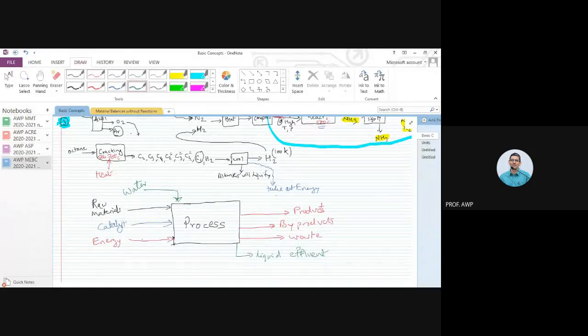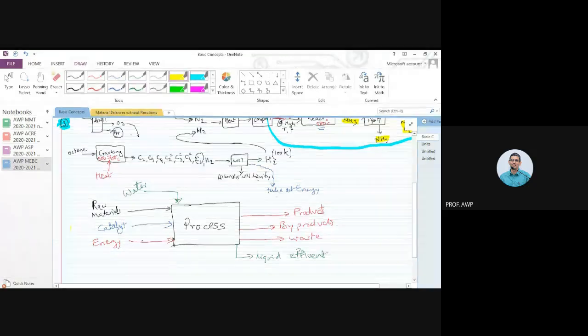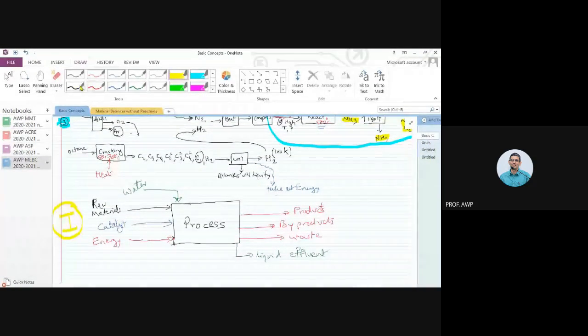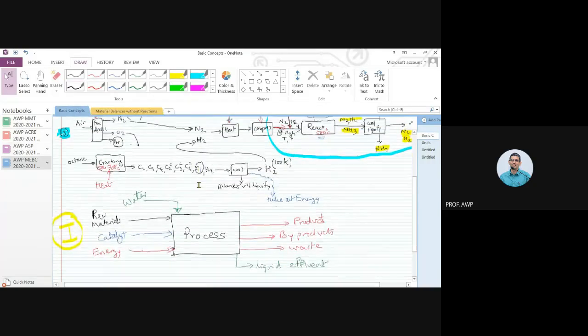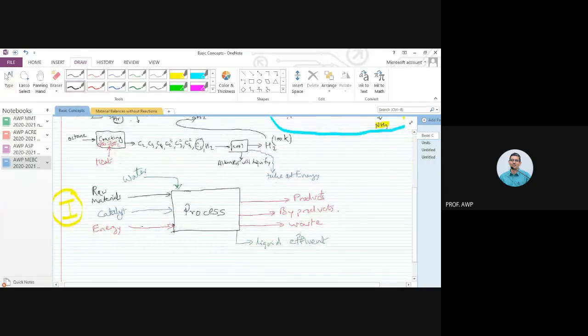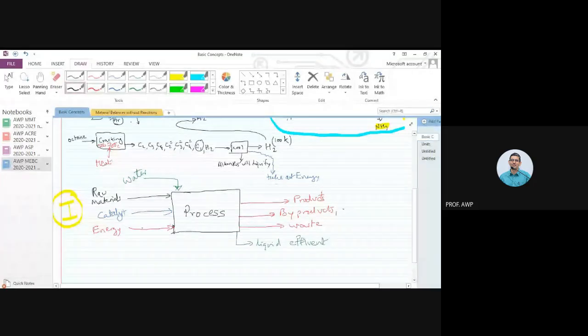Okay. So that is one kind of generalization, that in this overall process we are writing, there are so many inputs to this system, there are so many outputs from the system. So if you are making, let's say, nitrogen by fractional distillation, your byproducts are oxygen, argon.